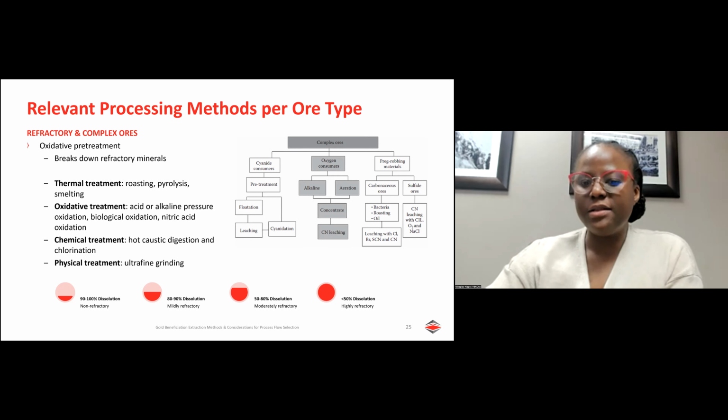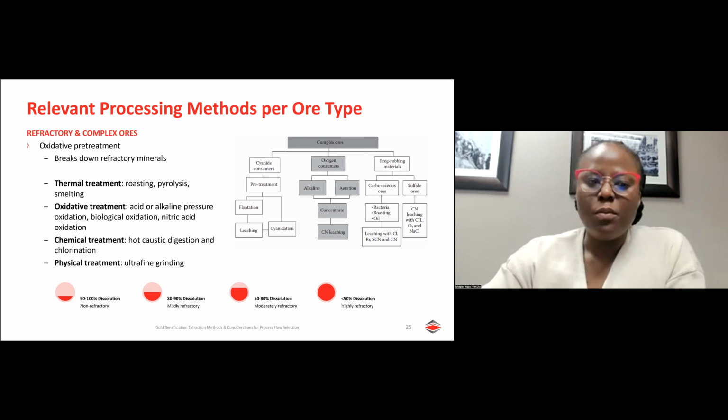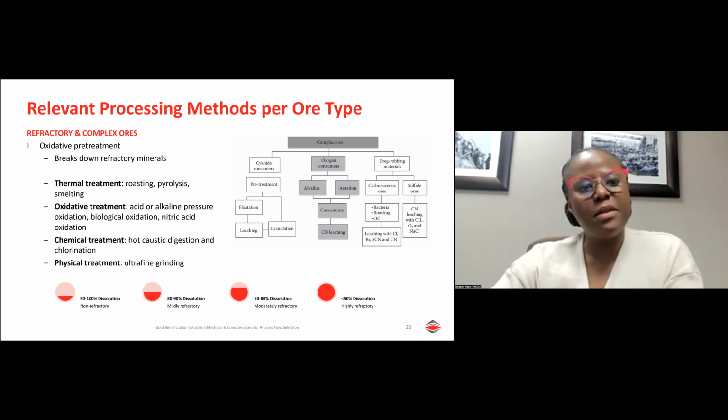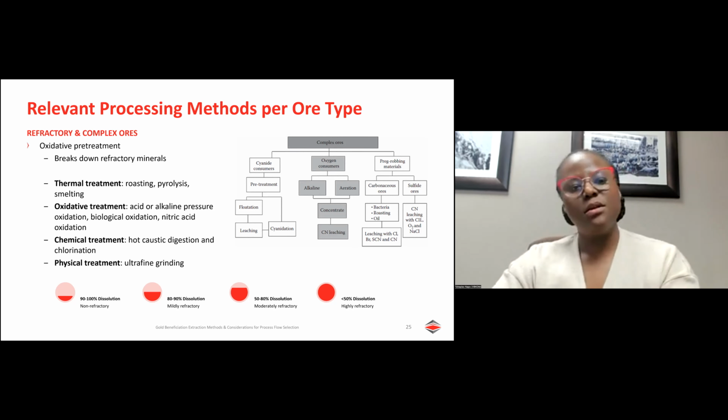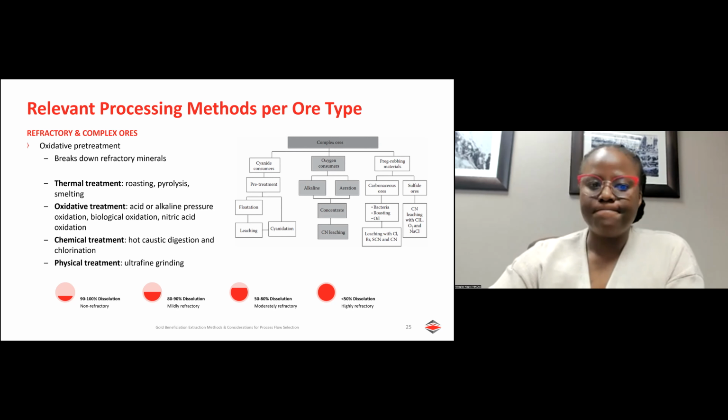Now there you might need to consider some form of oxidative pretreatment that will form part of your process flow. So the selected treatment method that you choose out of these types that I've listed on the slide is then based on lab scale test work or a pilot plant test run that you may arrange.